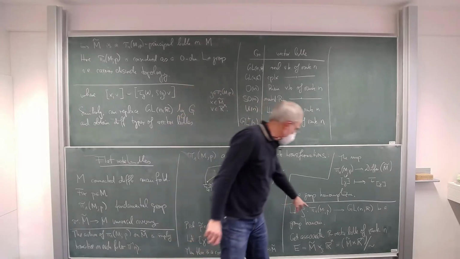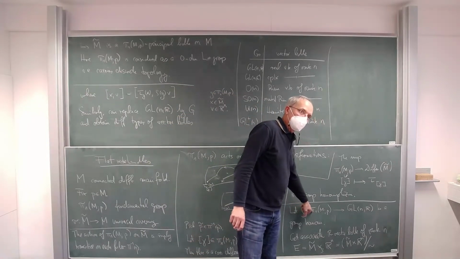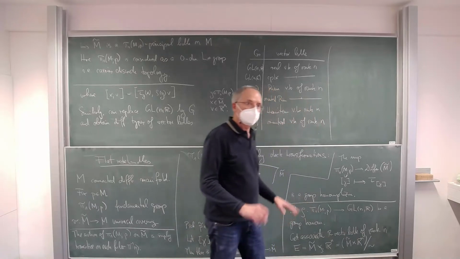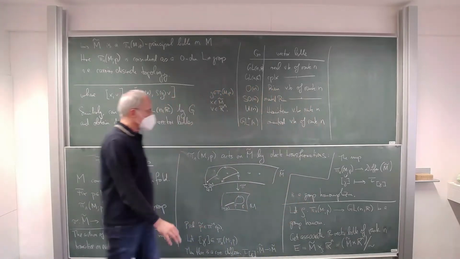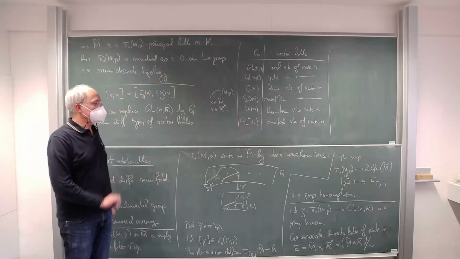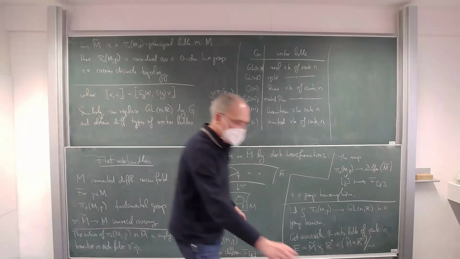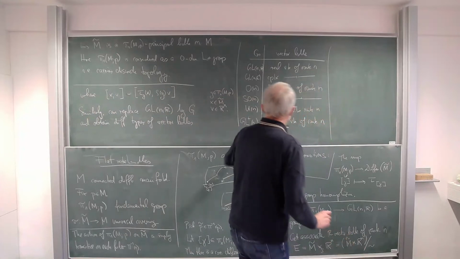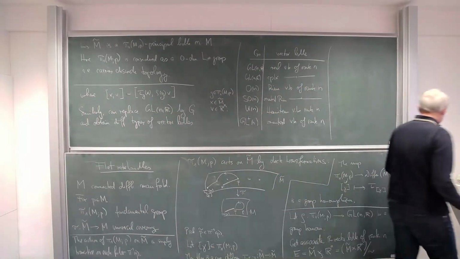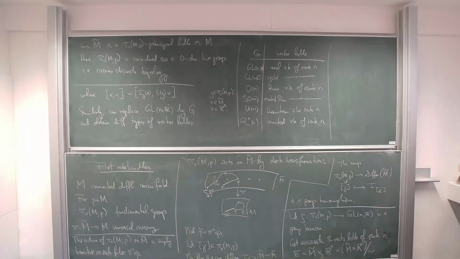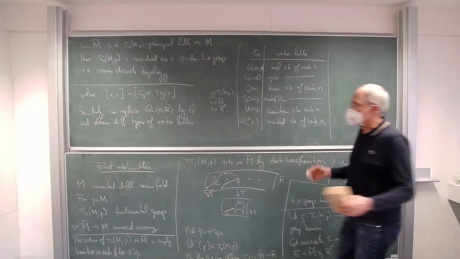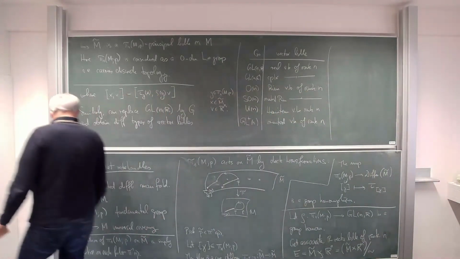And this is special now for the fundamental group, in contrast to an arbitrary principal bundle. Namely, in this case, we also get a canonical connection on the bundle. So let me describe that. That's not true for general principal bundles and representations. In general, you do not have a canonical connection, but here you do.